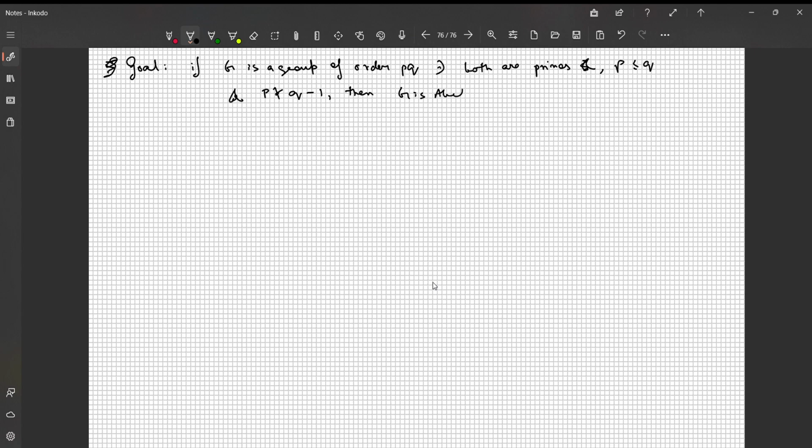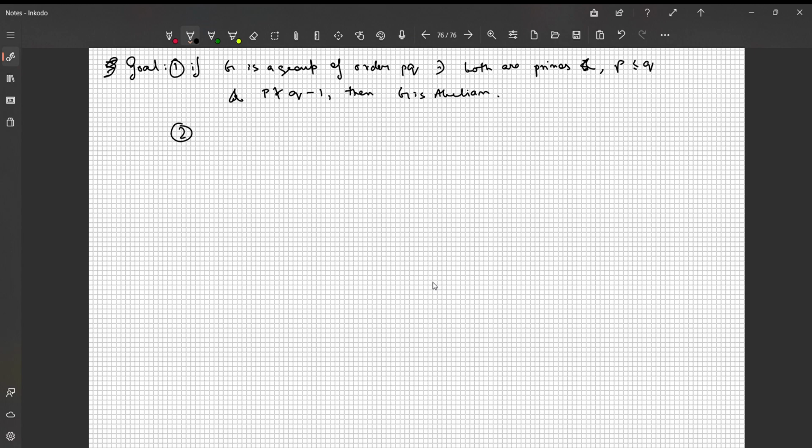We want to show that if G is a group of order PQ, such that both are primes, P is less than or equal to Q and P does not divide Q minus 1, then G is abelian. So this is the first thing which we want to prove.